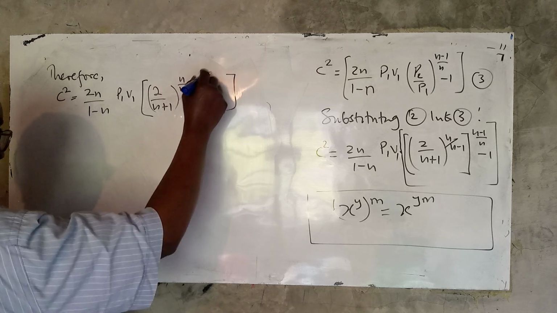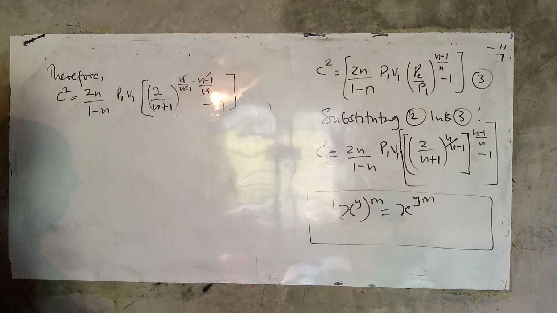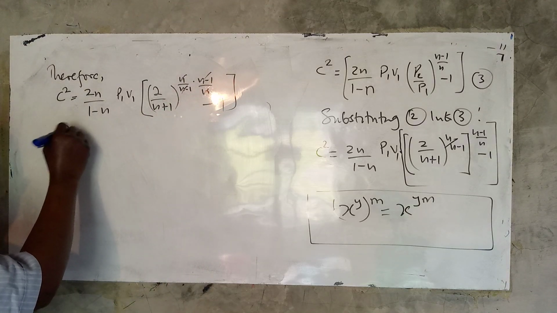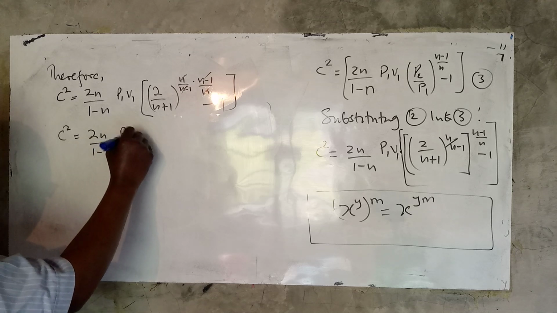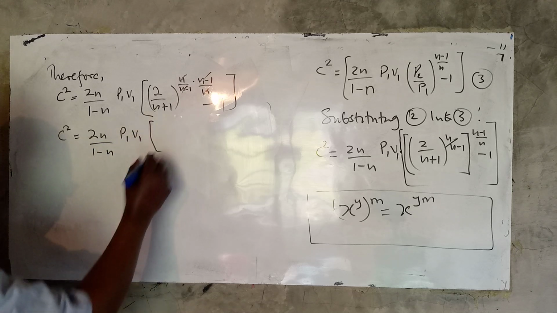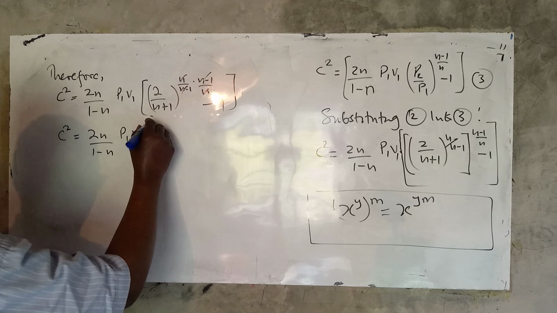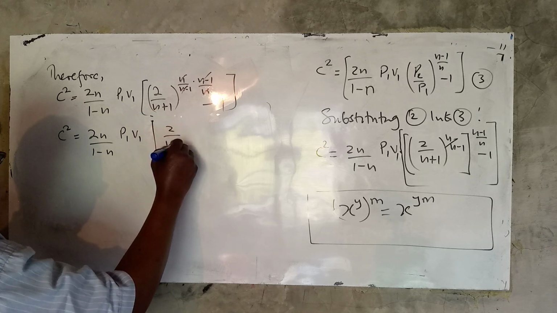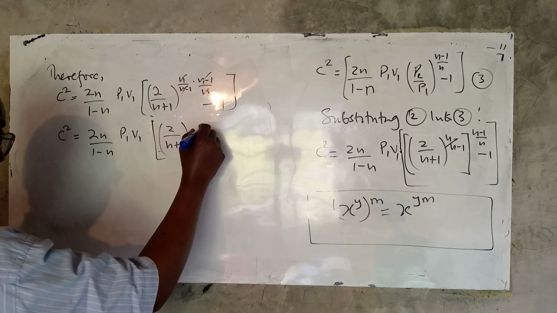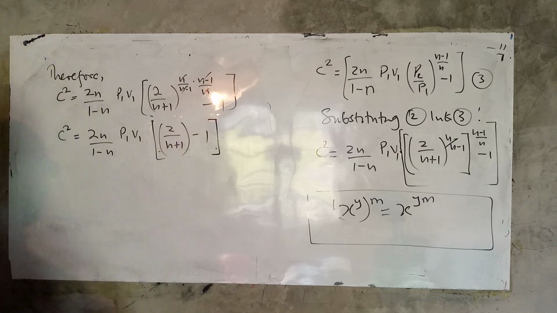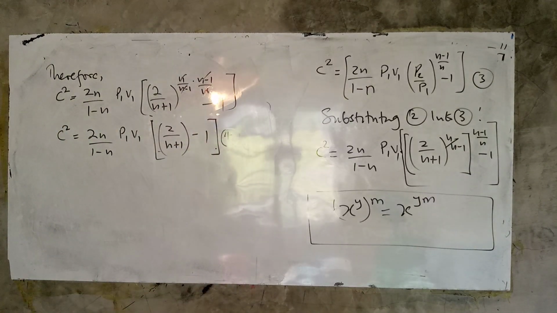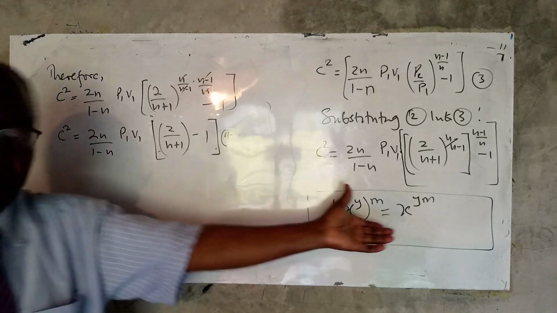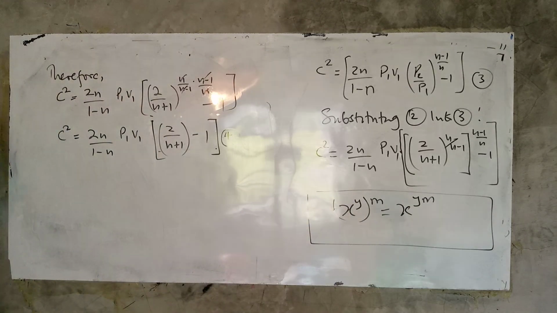And of course, those cancel, so it's raised to power 1. So we have c squared equals 2n over (1 minus n), p1 v1, into [2 over (n plus 1) minus 1]. Let's call that expression 4. We just simplified the exponents using that identity.